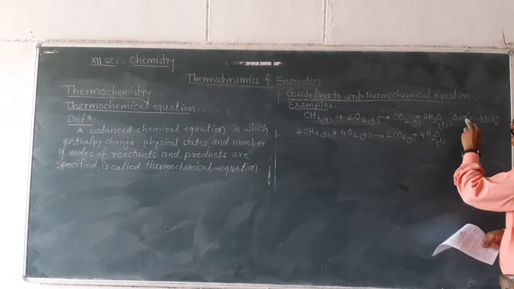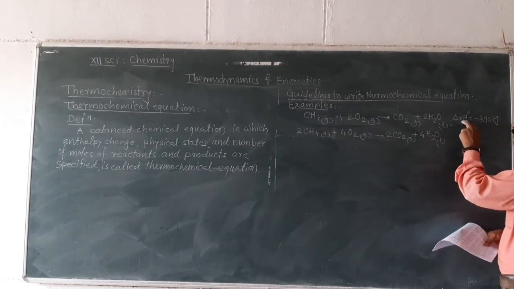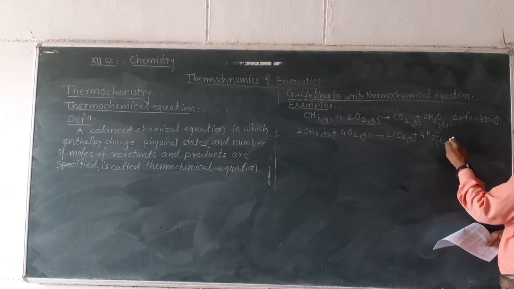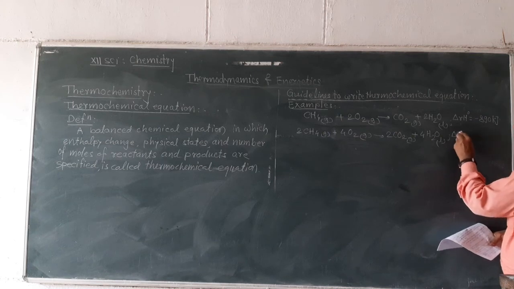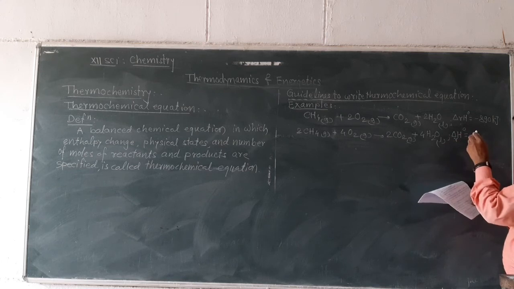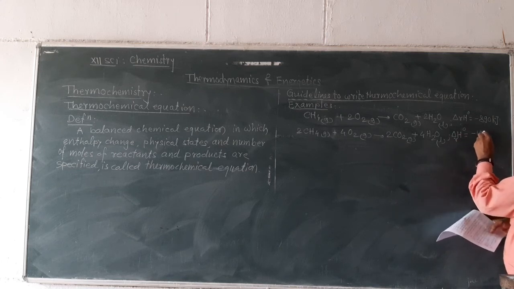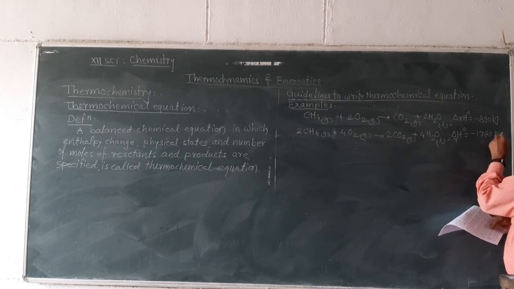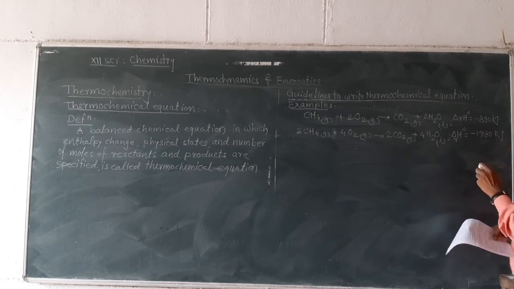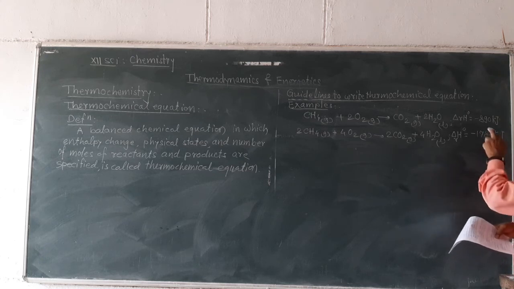That means you have to multiply enthalpy of first reaction also by 2. That means new enthalpy of this reaction becomes minus 1780 kilojoule. If you multiply 890 by 2, you will get this one.